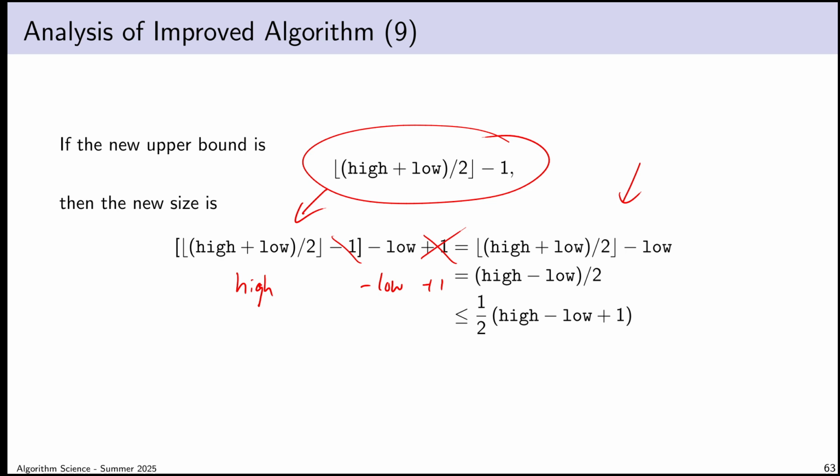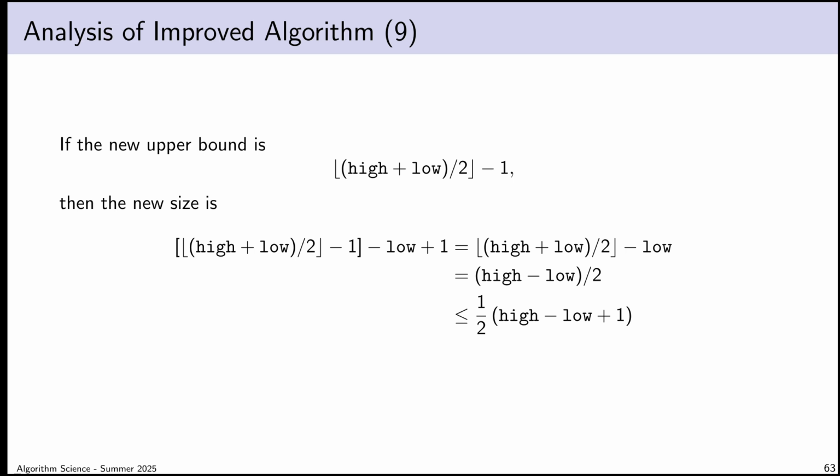And I think I missed an inequality sign there. So this floor, the floor of high plus low over 2, so here's a fact about the floor function. The floor of a value is always less than or equal to the value itself. So there's a typo there. This should say less than or equal to. Oh, actually, no, wait, that's a mistake. So here I want to subtract off low.